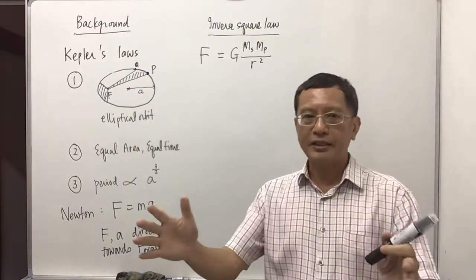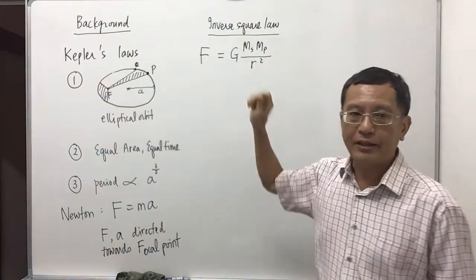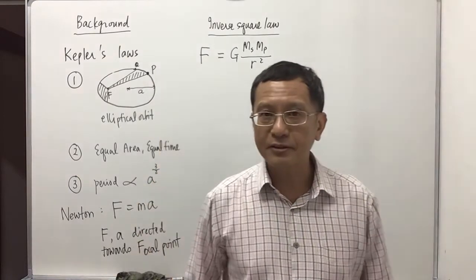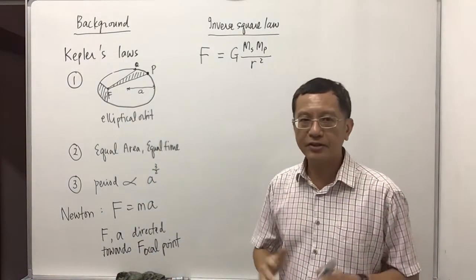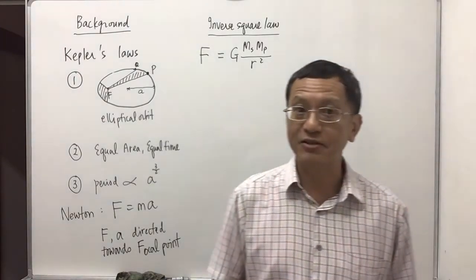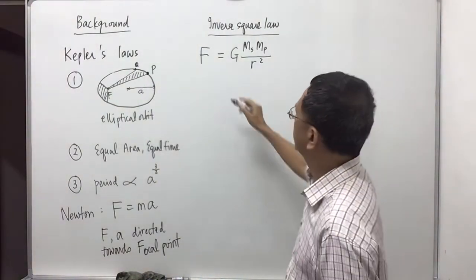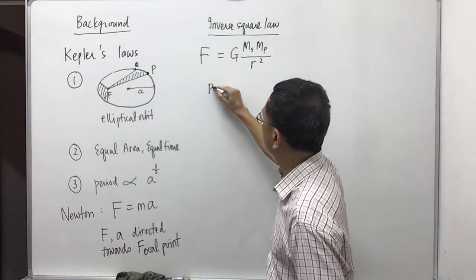What we have today is we know this cake. This is the cake, and we'll need some ingredients, and then later on I will show the recipe, and we'll see how this cake is actually finally baked. Now, what are the ingredients? The ingredients are some properties of ellipse that he used.